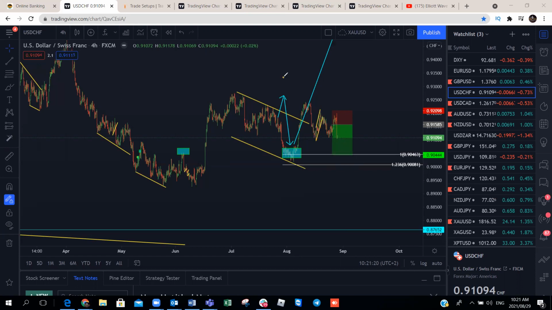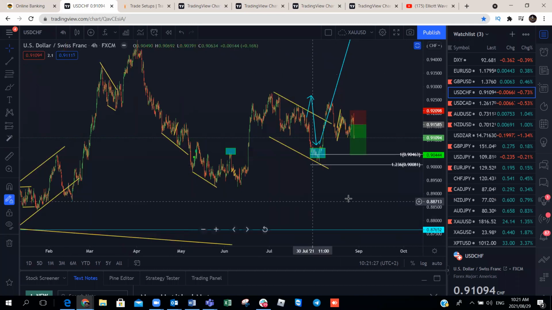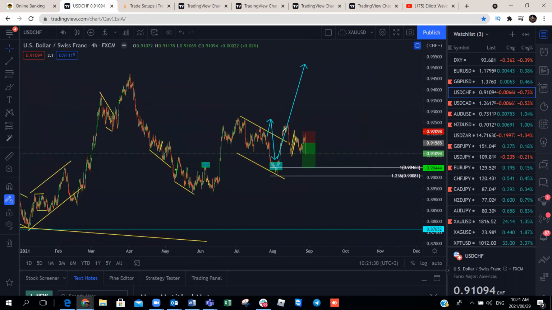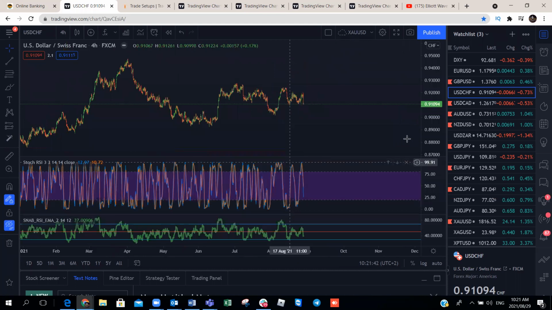Now, just to look at the bigger structure on US dollar CHF, seeing that we are going to have US dollar weakness, we may see US dollar CHF do this. Let me just show you the structure. Let's switch off everything here.